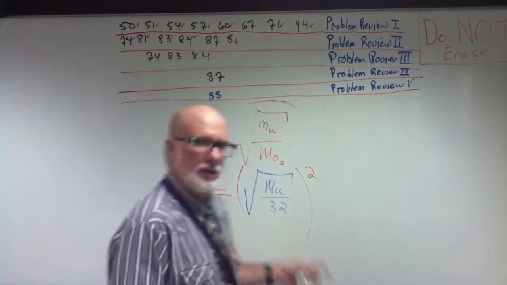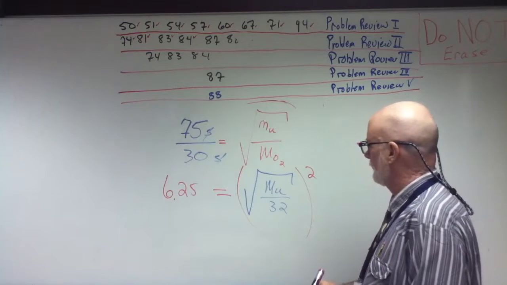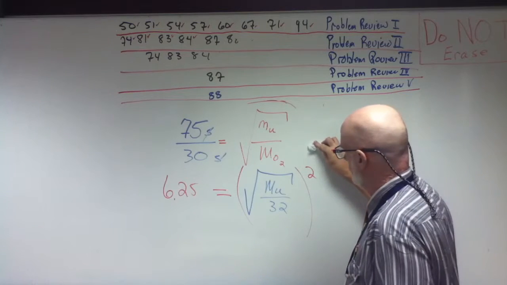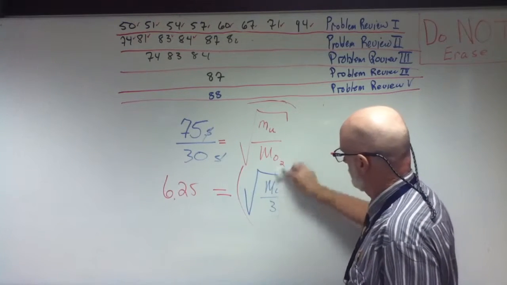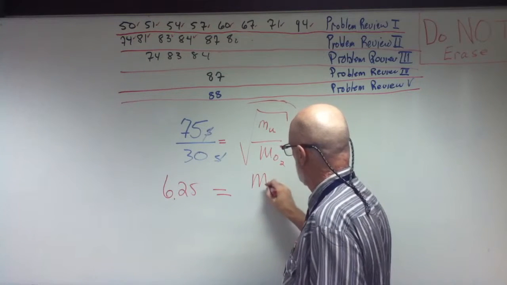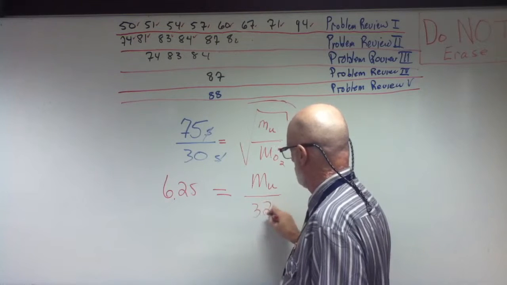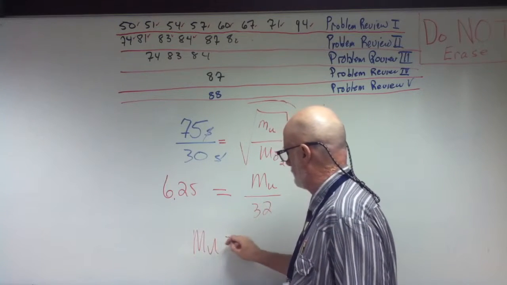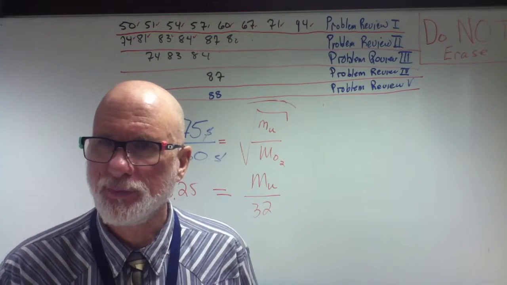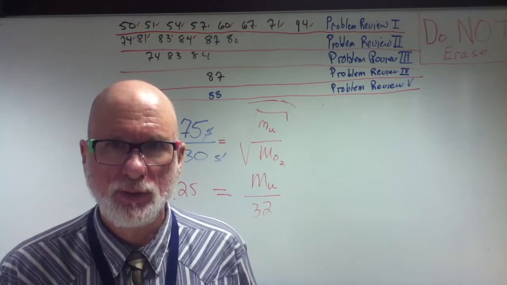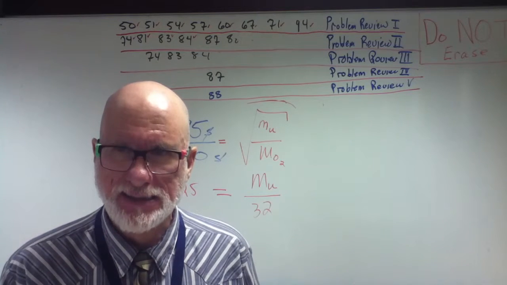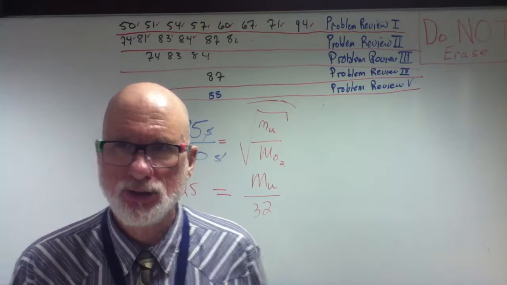All right. I'm going to square this. Mu equals what? 200.